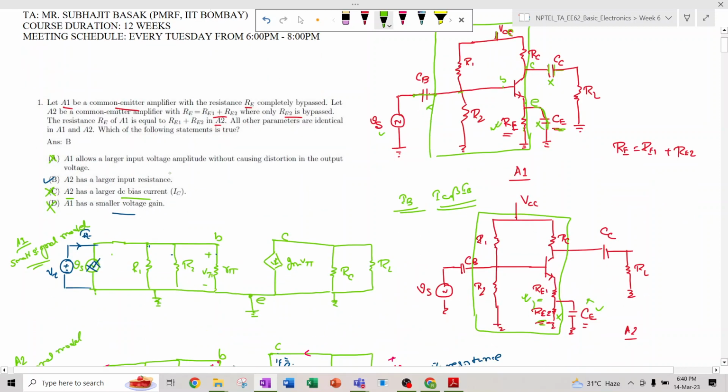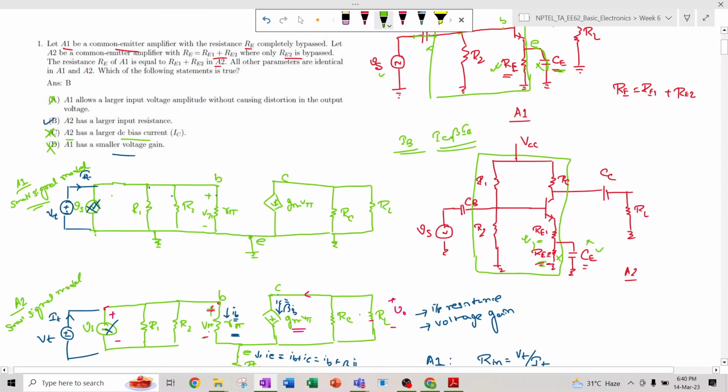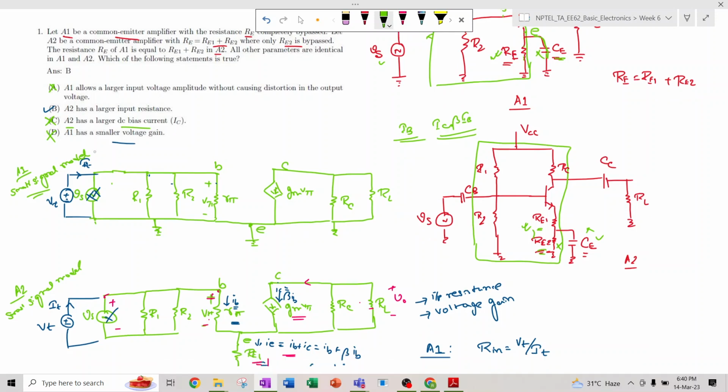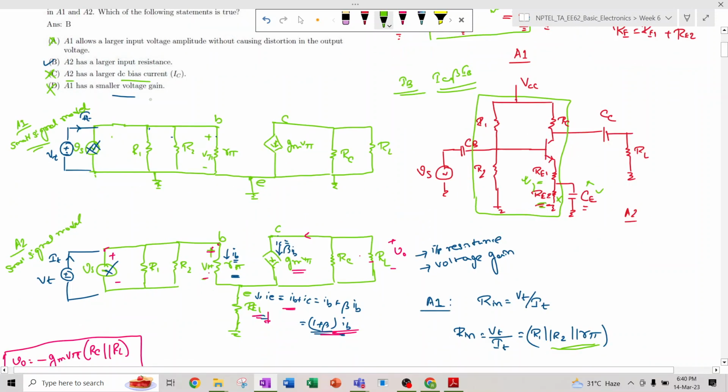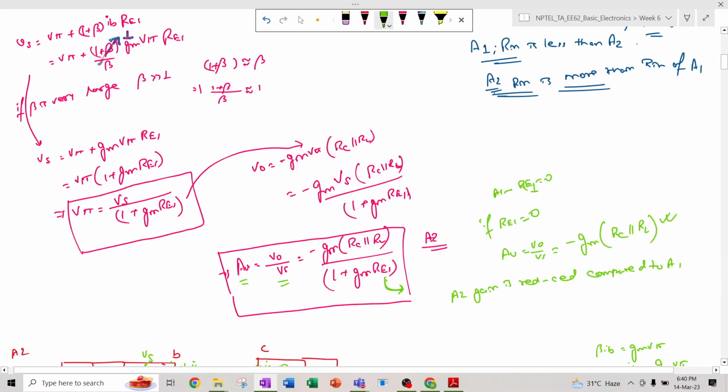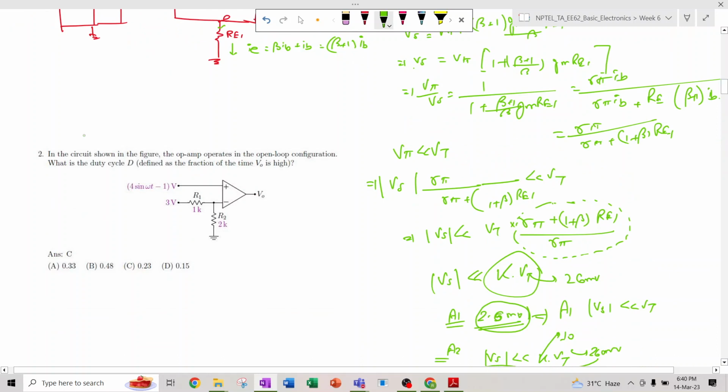The others are wrong: A2 has a larger DC bias current, that will not be the right answer. A1 and A2 both have the same amount of DC bias current, that will be the right answer. And A1 has smaller voltage gain, so that will be wrong, A2 has a smaller voltage gain, as we have already discussed. So this is the entire analysis of this.